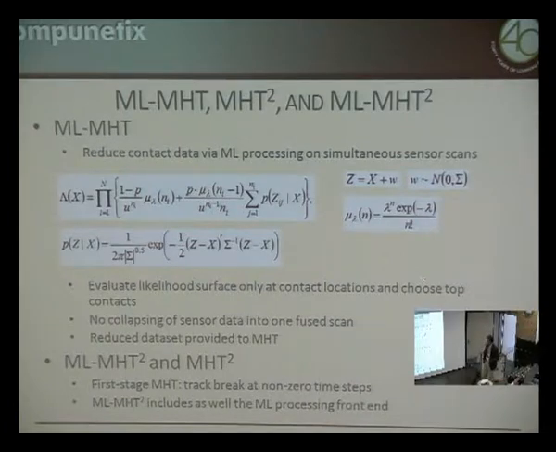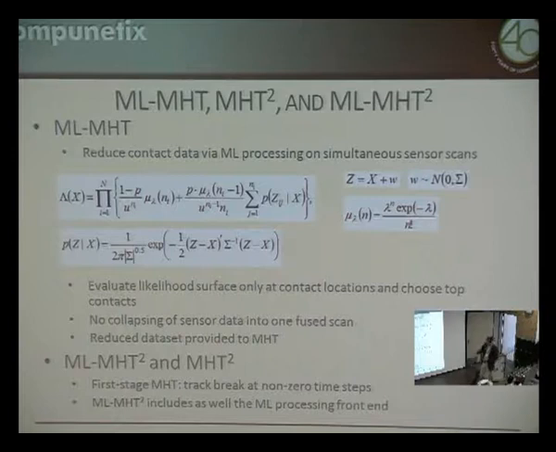Well, how many should we choose? If there's some PD, and there's some expected number of targets, and there's some number of sensor scans, this is ad hoc, but you would want to choose a number of contacts that exceeds a rough estimate for how many good contacts you think there are.